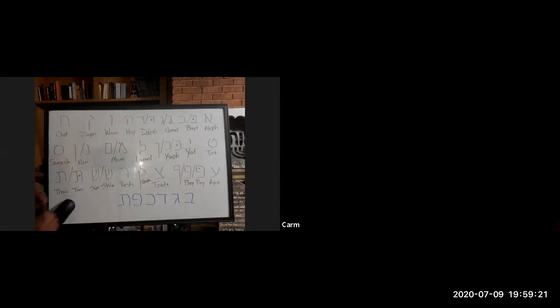So the Gimel makes a hard G. G, G, G. Gimel with the dagesh. When you do not see the dagesh present, it makes like a GH, like ghost.